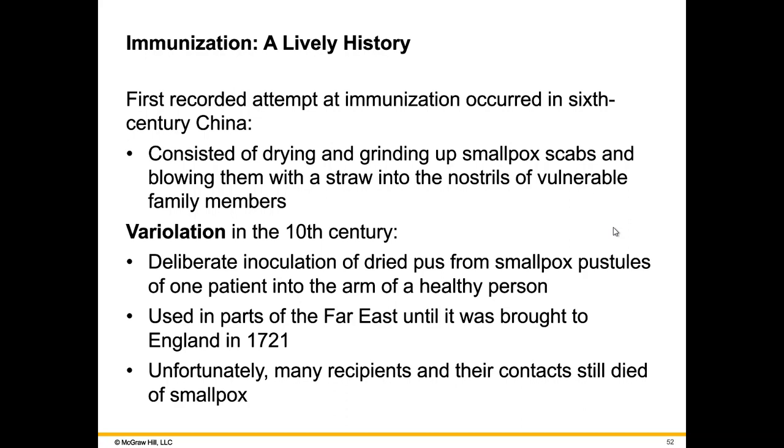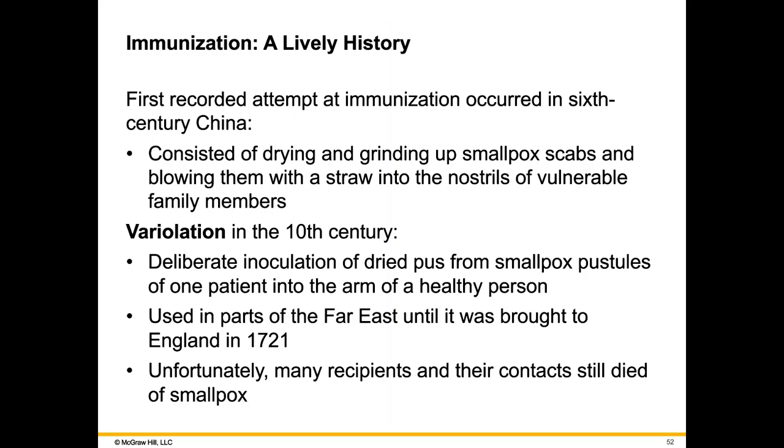This led to other examples of this throughout history. It's called variolation. For example, in the 10th century, we would see deliberate inoculation of dried pus from smallpox pustules, and then it would be basically inoculated into the arm of a healthy person.